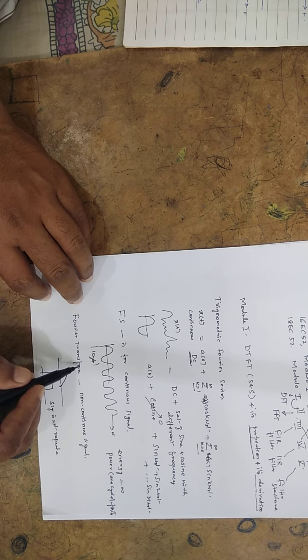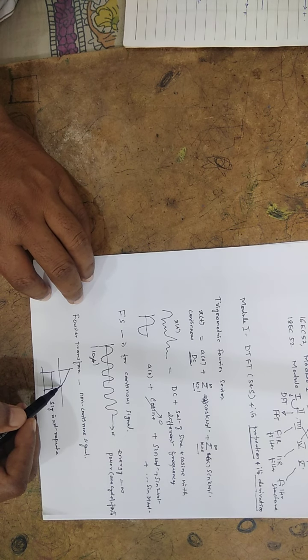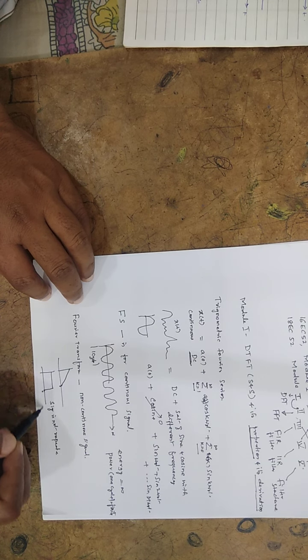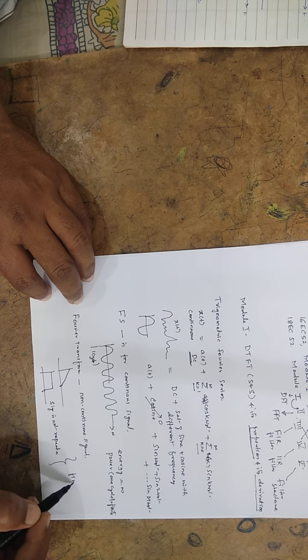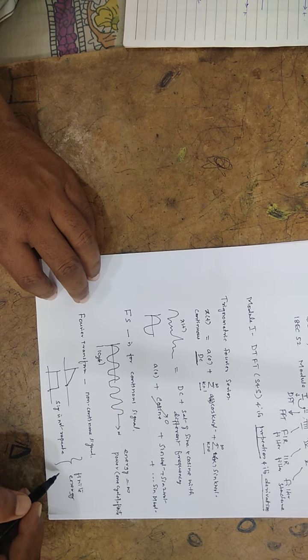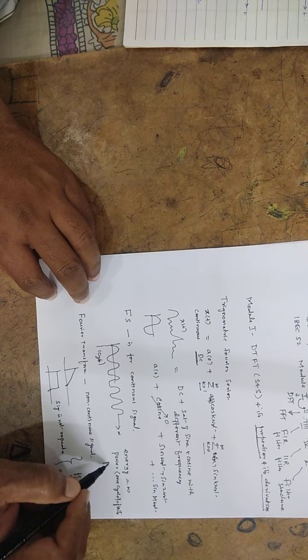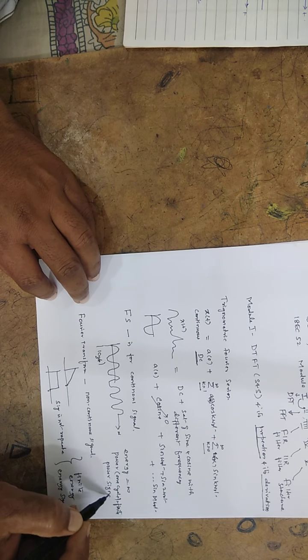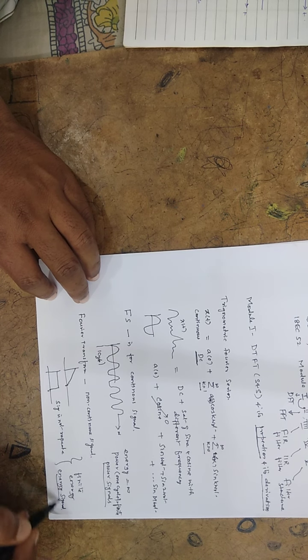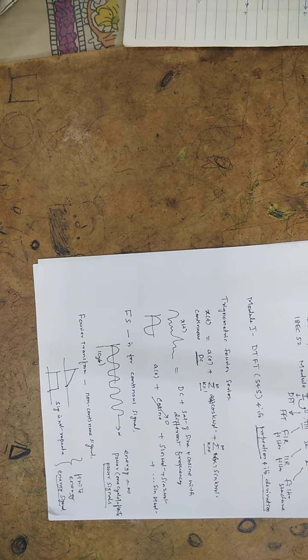So we go for the Fourier transform for a non-continuous signal like this, which has a finite time interval. After that, its value will be 0. Such signals have finite energy. For this reason, we call them energy signals, and these continuous signals we call power signals. Power signals and energy signals.